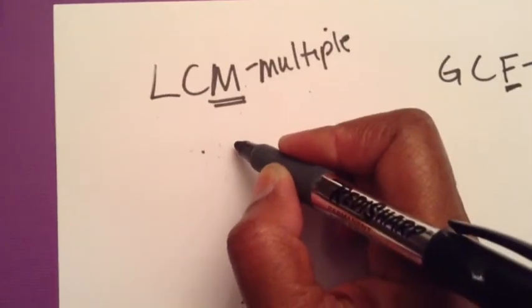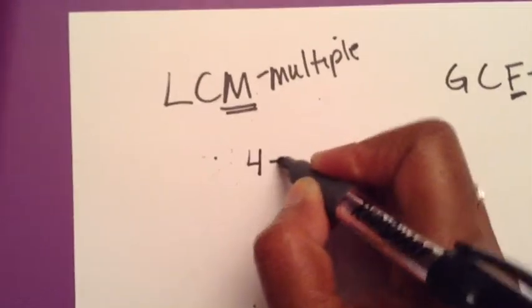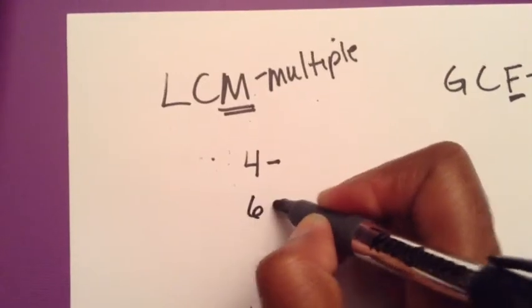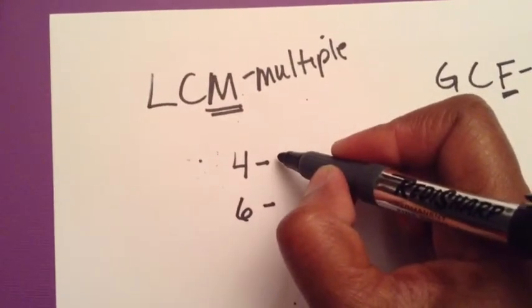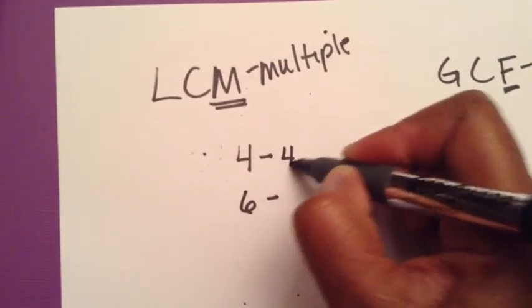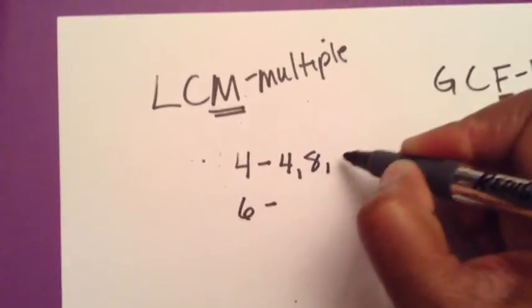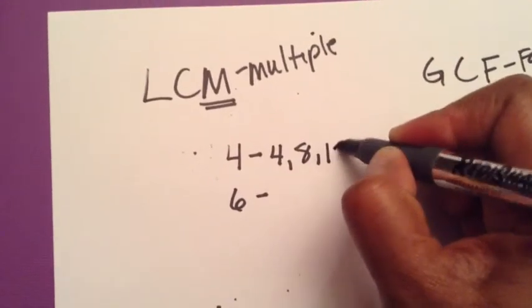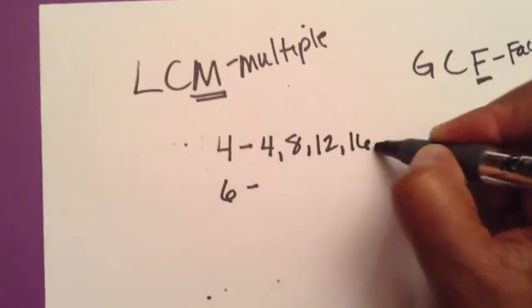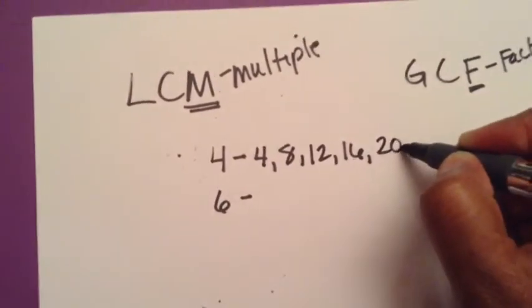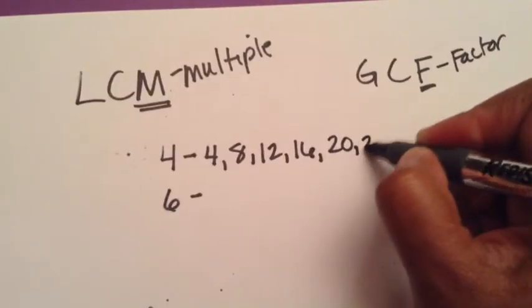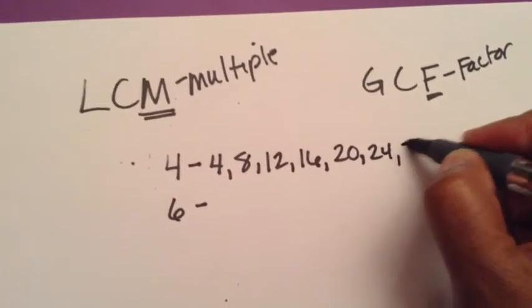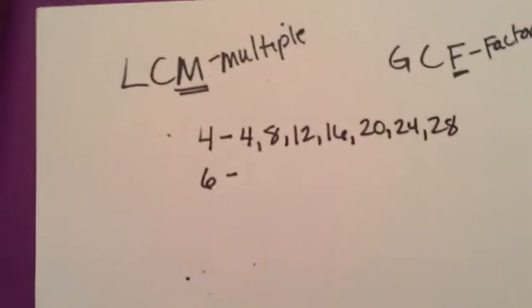So if I wanted to know the multiples of 4 and the multiples of 6, I would simply know that multiples start with 4. 4 times 2 is 8. 4 times 3 is 12. 4 times 4 is 16. 4 times 5 is 20. 4 times 6 is 24. 4 times 7 is 28. I'll stop there.